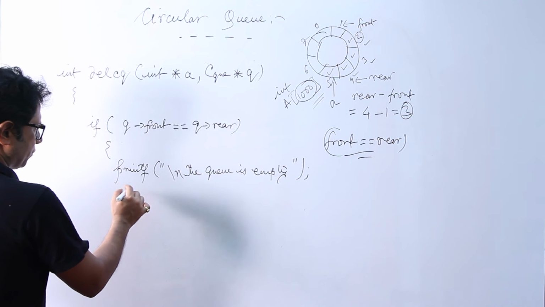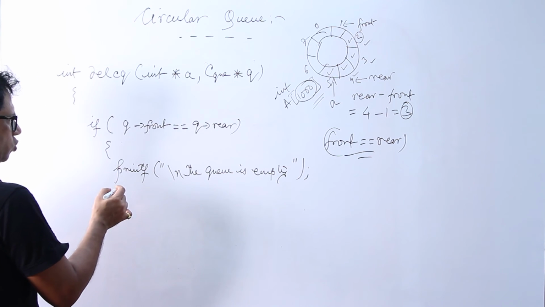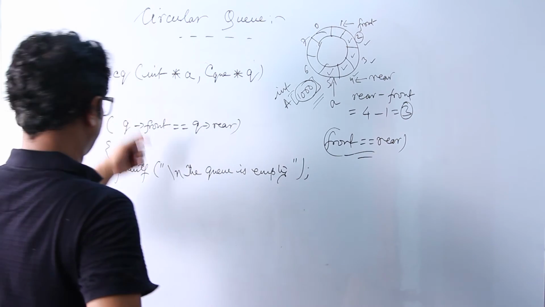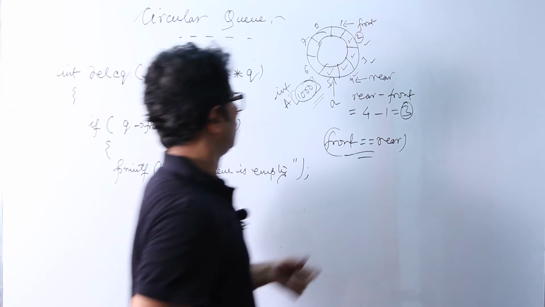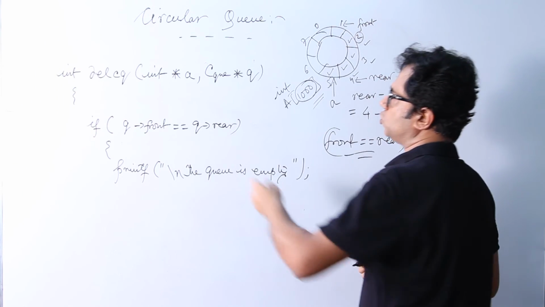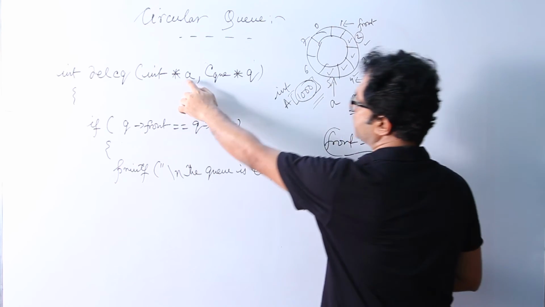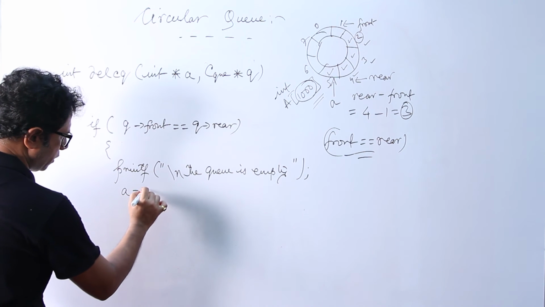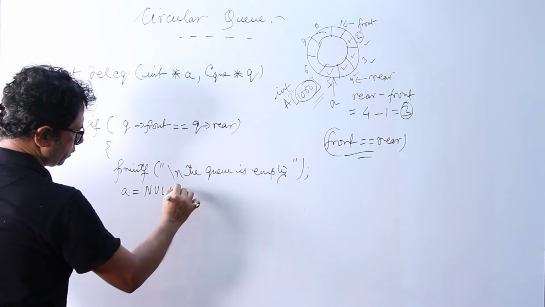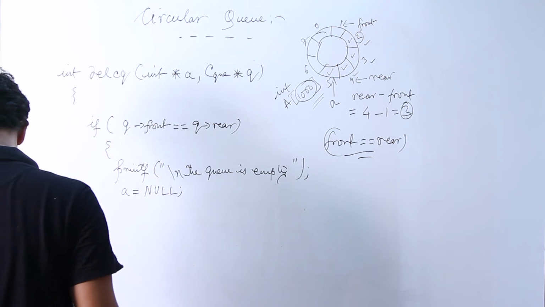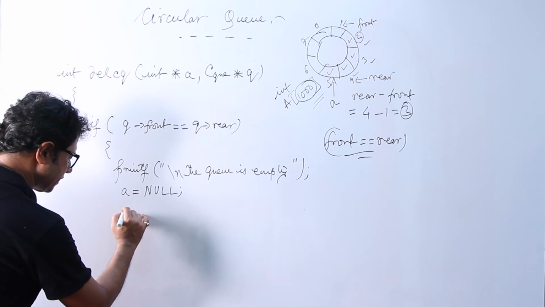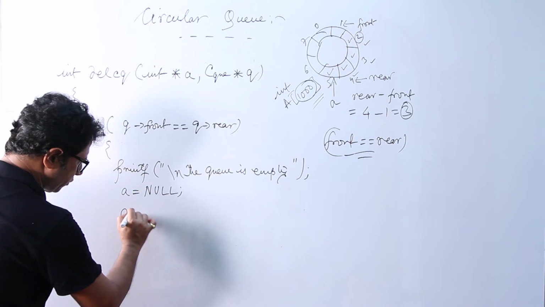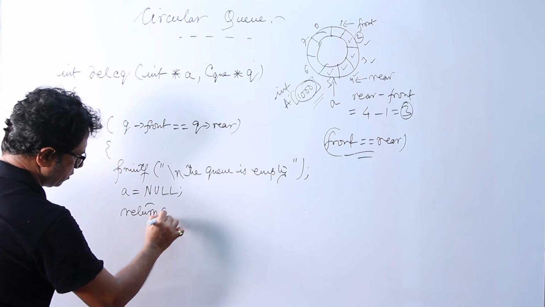And after that, since we are not going to delete any item from the queue, this pointer A will be set to null. A is equal to null, and after that, since it is a failure operation, we will return 0.